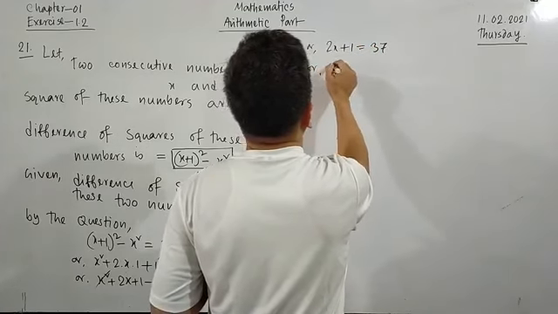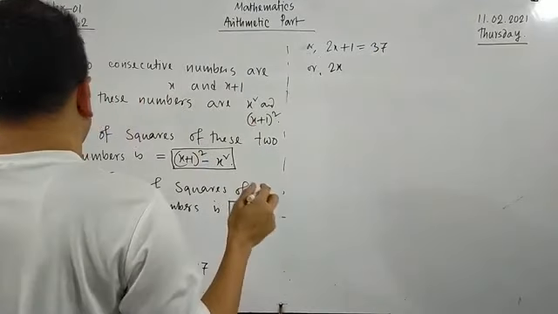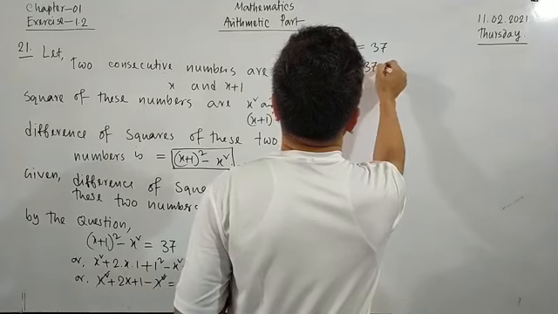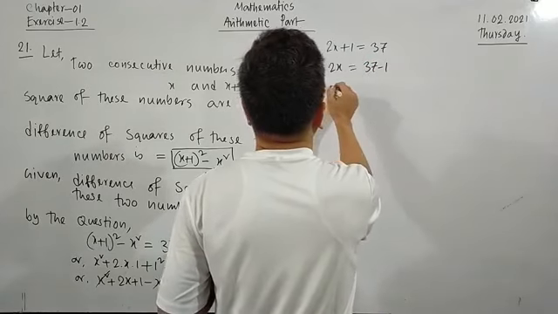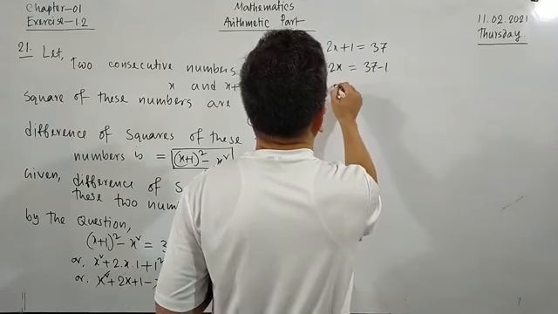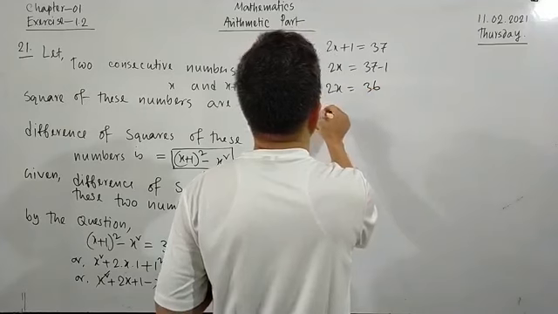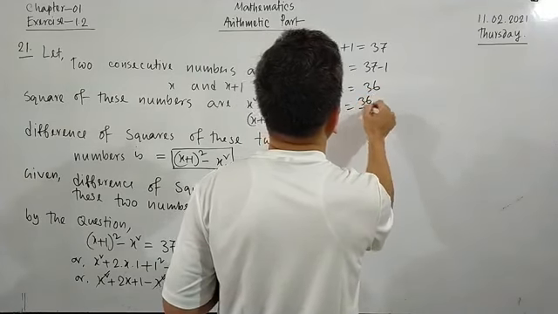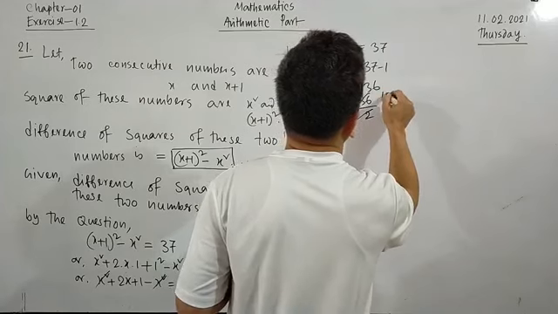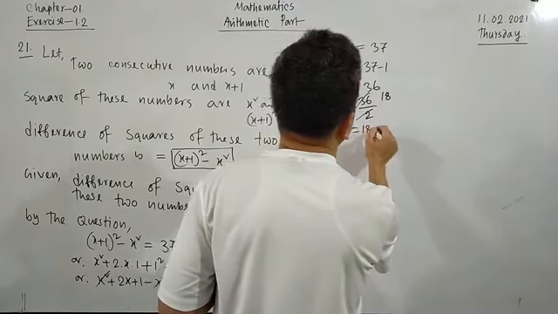So 2x equals 37 minus 1, 2x equals 36, x equals 36 divided by 2, which is 18. So here x equals 18.